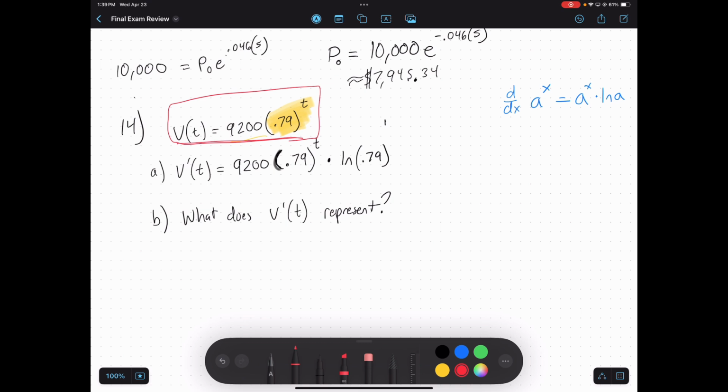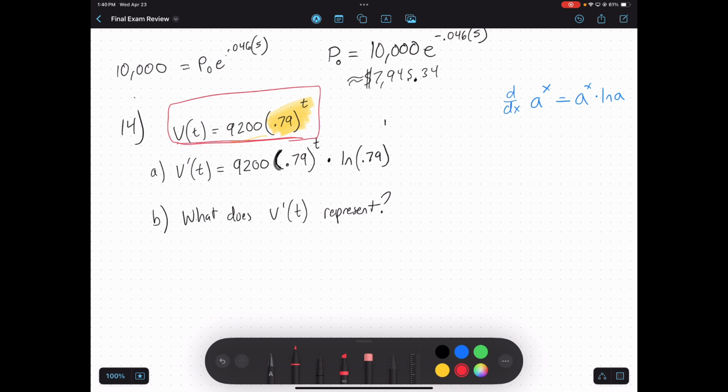What does that function tell me? Value after t time. Yeah, we're using v for value. It's the value of this office machine. And notice it's a decay function. So what's happening to the value? It's depreciating. It's going down. So this is the value of the office machine after a certain amount of time.